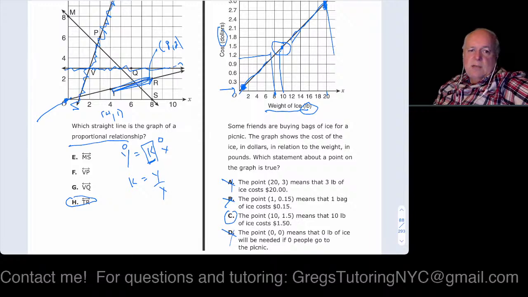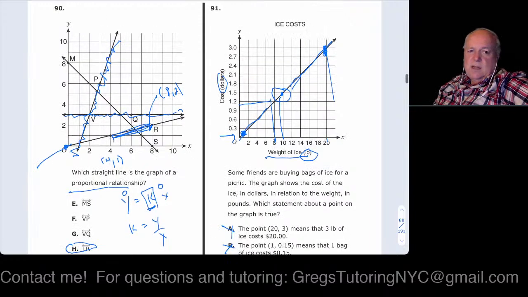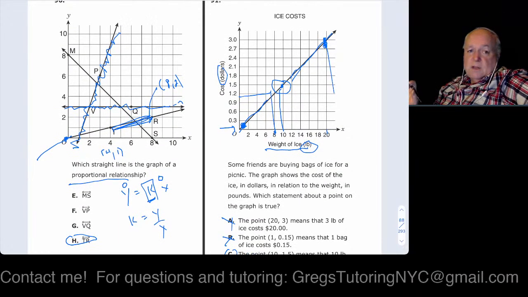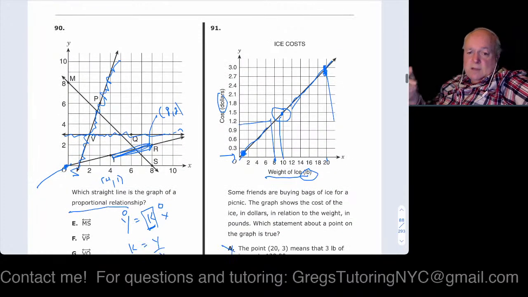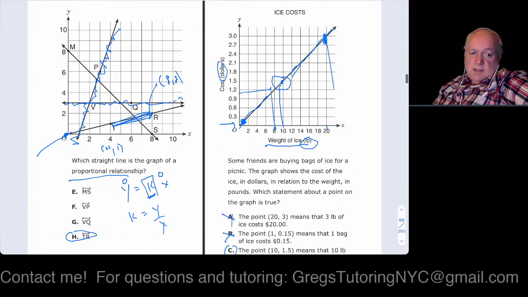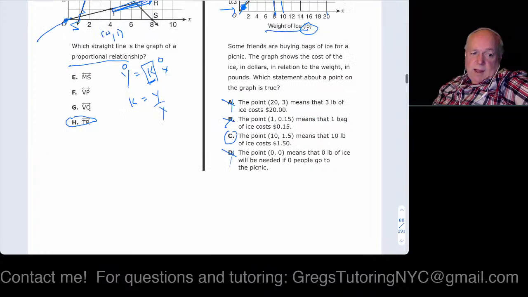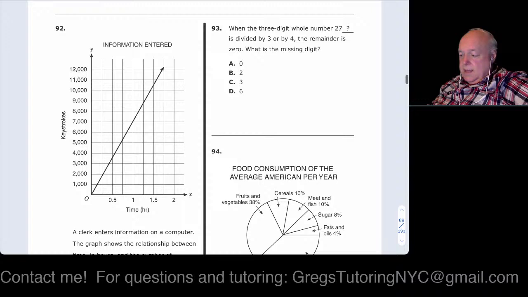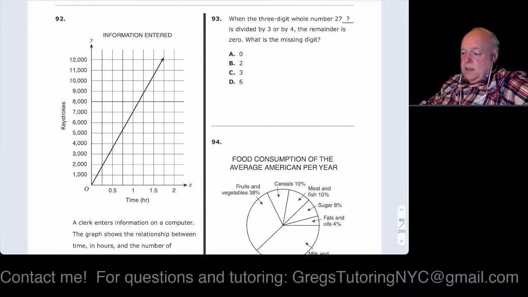So if you notice, there are 2 constant of proportionality questions, basically, one after the other. Completely different oriented stuff. For instance, 90 is not the same question as 91, but the grouping, as you notice from some of the others we covered, is kind of the same thing. Again, another graphing. And if it's not about the constant of proportionality, at least they're putting graphing questions next to each other.